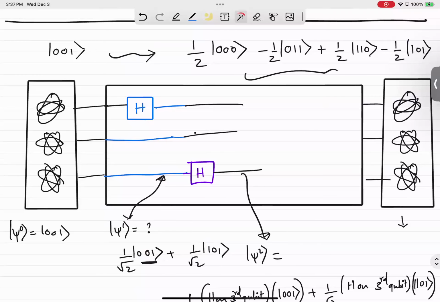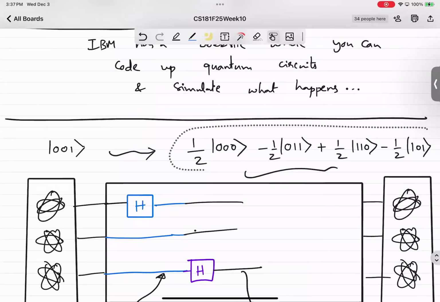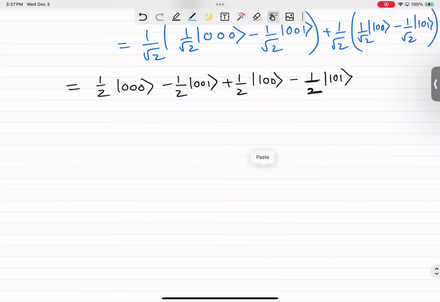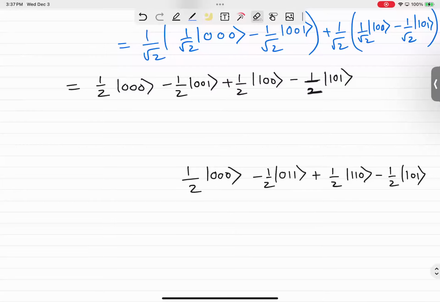But I can, okay, let me write down my target so that we know what we're doing. Okay, so this is our target. Okay, so in some sense, we made significant progress.